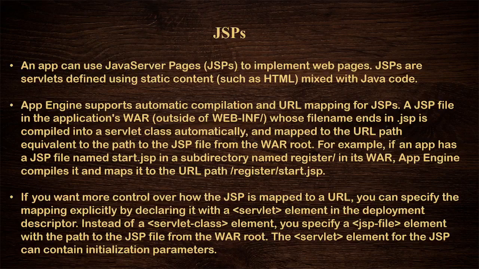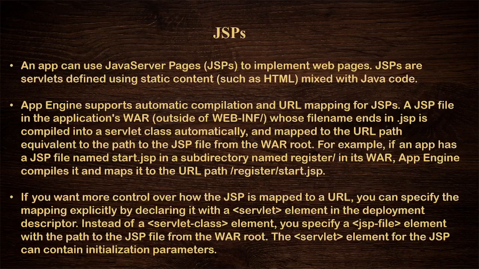A JSP file in the application, outside of WEB-INF, whose file name ends in .jsp is compiled into a servlet class automatically and mapped to the URL path equivalent to the path of the JSP file from the WAR root.